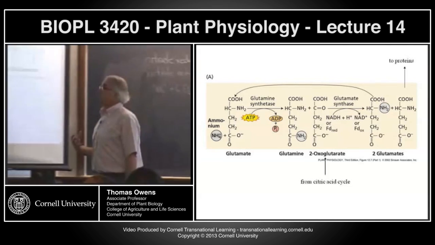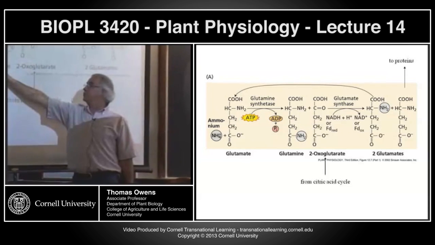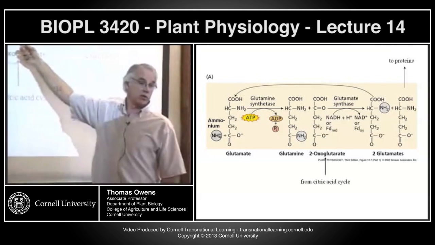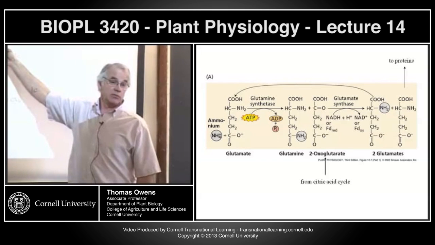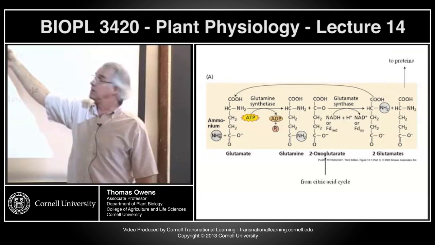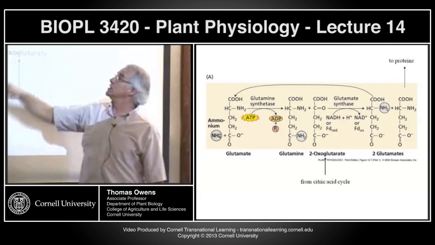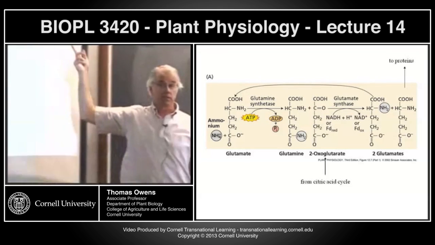But the next step is equally important because now we take one molecule of glutamine and one molecule of oxoglutarate. You may not remember, but this was an intermediate in the citric acid cycle. And we transfer this amino group to this one, and we end up with 2 glutamates.